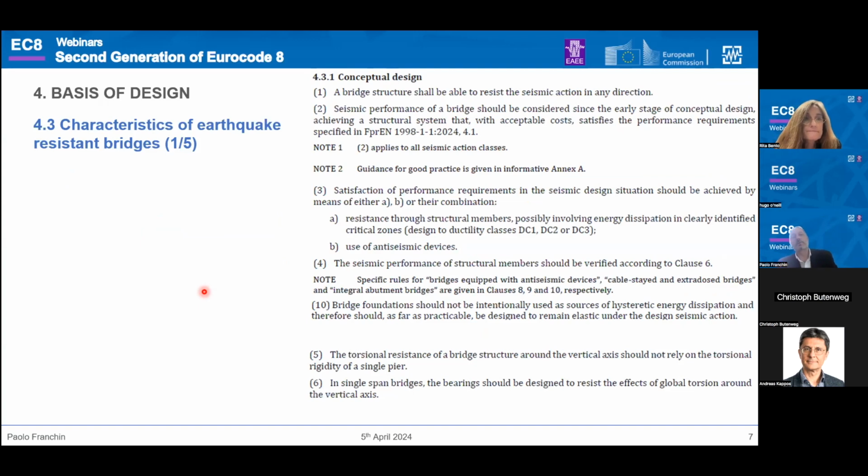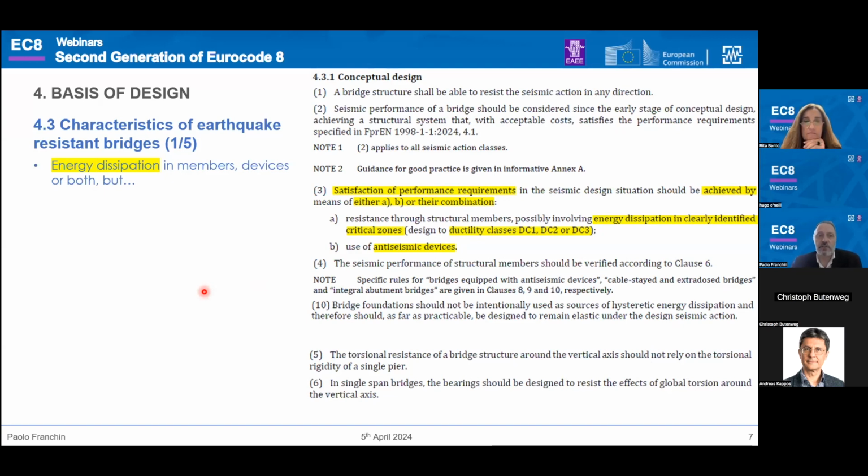Now, some words on the characteristics of earthquake-resistant bridges, and in particular, the strategies that are recommended for satisfying the performance requirements, non-exceedance of limit states for the given seismic action.